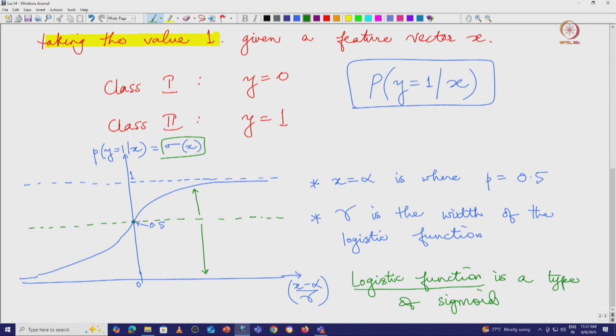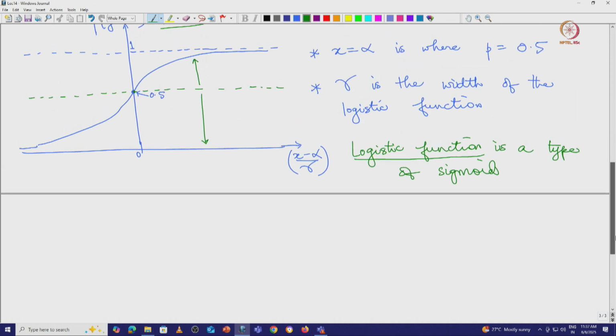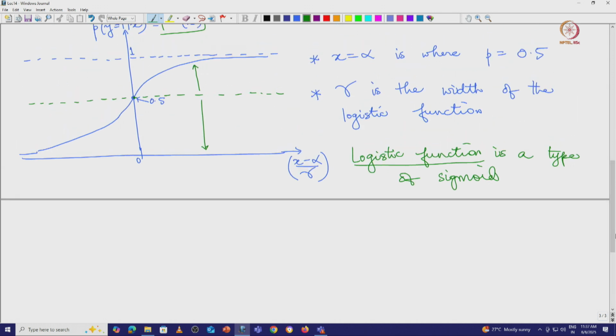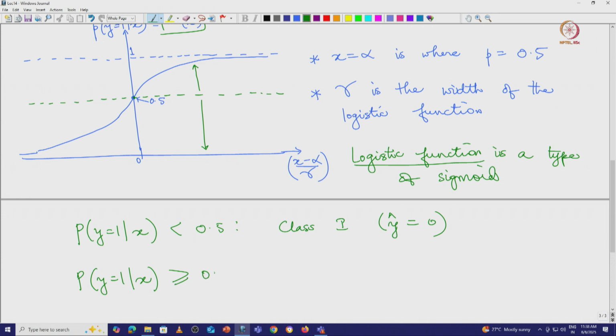Okay. So, let us write this down more formally. If your p y equal to 1 given x is less than 0.5, then we assign the class 1. So, your y hat, the predicted value of y, is 0, and if p y equal to 1 given x is greater than or equal to 0.5 then you will assign class 2, or in other words the predicted value of y hat is equal to 1.